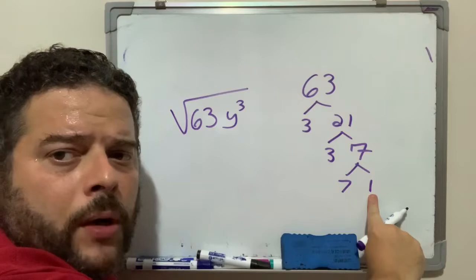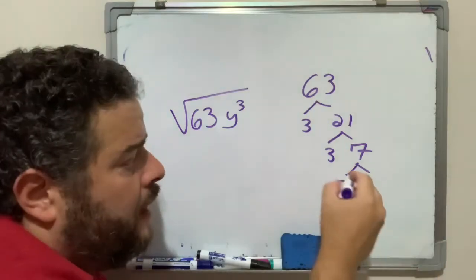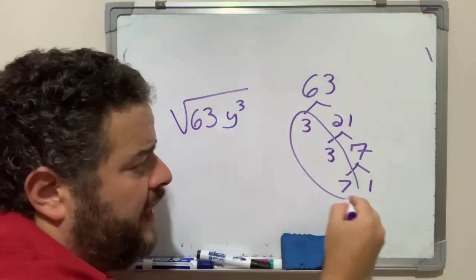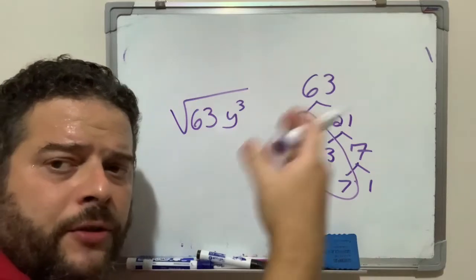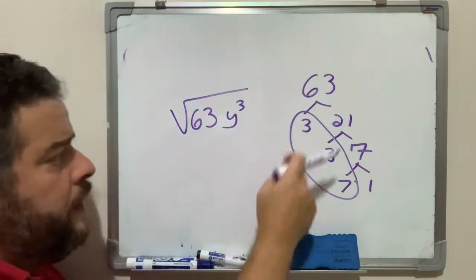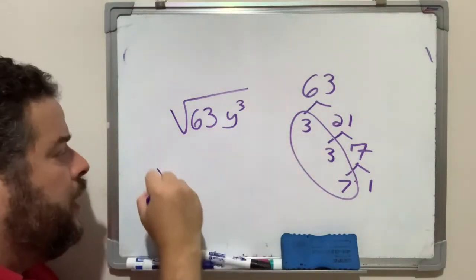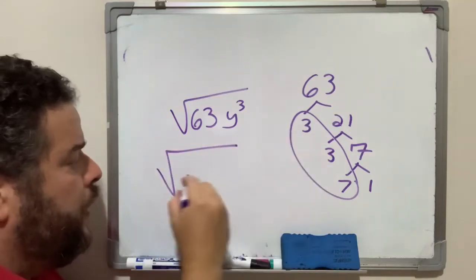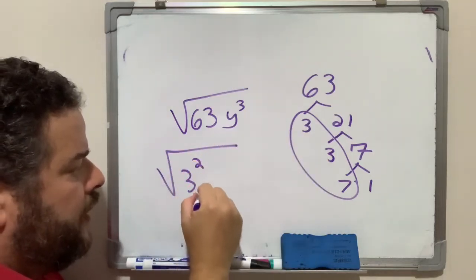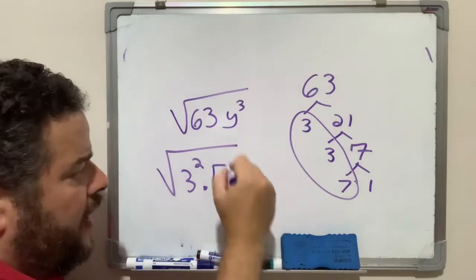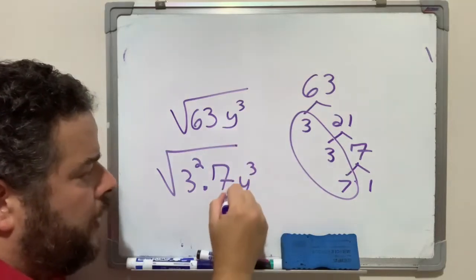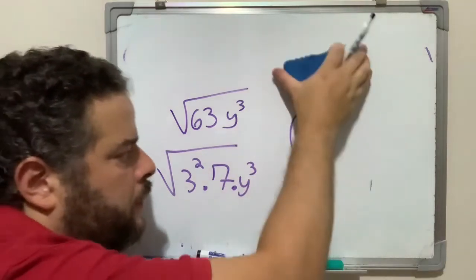When you're left with 1, you just stop right there, and whatever's on the left-hand side becomes your factors with the proper exponents. So again, this 63 is the same thing as 3 squared times 7, and then I have y cubed. That's a multiplication as well.